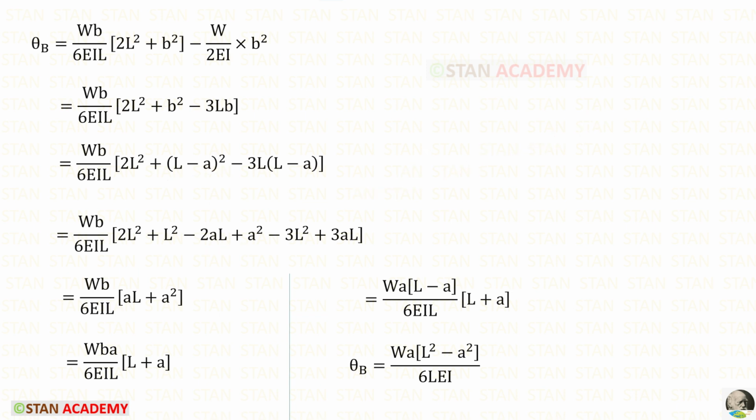We can eliminate 3L square minus 3L square. 3AL minus 2AL, it is AL. We can take A outside. We know the formula A square minus B square, A plus B into A minus B. Using the formula we can write this as L square minus A square. So this is the expression to find the slope at the point B.